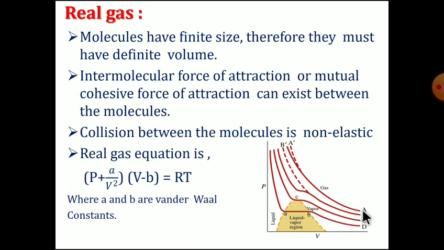As temperature goes on increasing, this horizontal portion goes on decreasing, and at a particular temperature it vanishes. After that, the behavior of real and ideal gas is the same. That much distinguishing points must be known to explain the behavior of gases.